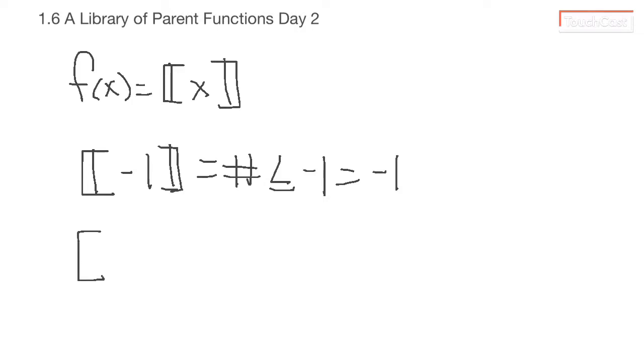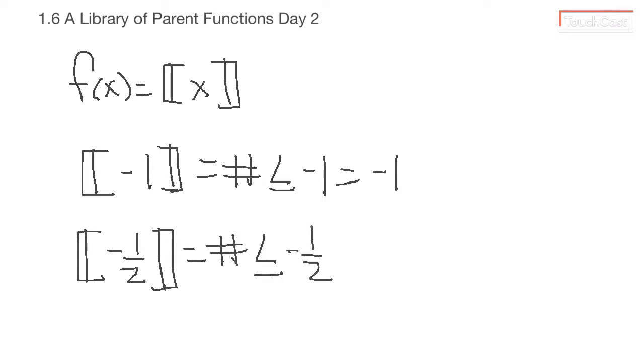Sometimes that might be a fraction. Like, what if we have the greatest integer of, say, -1/2? We're looking for the greatest integer that's less than or equal to -1/2. In this case, the closest integer is -1.